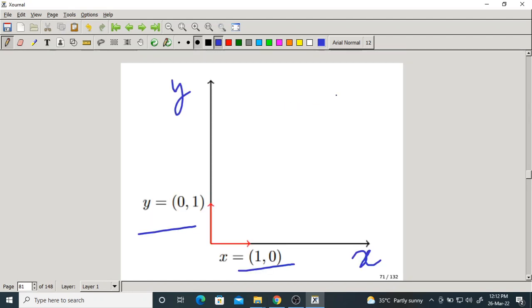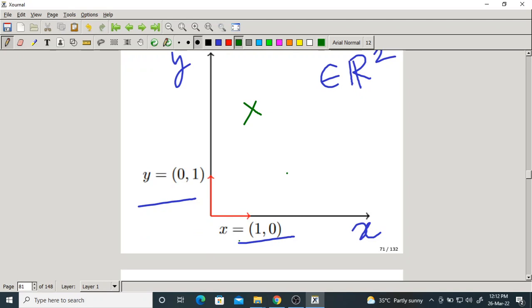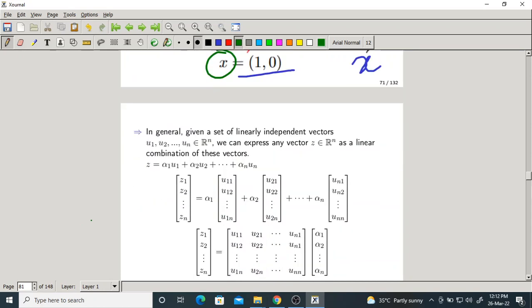This is a space belonging to R2. Suppose here you have any vector, something like this. What is the space? A two-dimensional space. This vector can be represented as a linear combination of these two basis vectors x and y. That is simple logic.